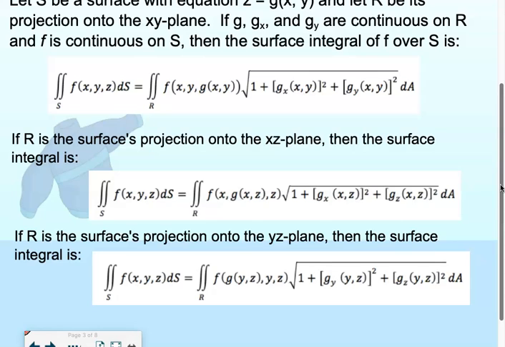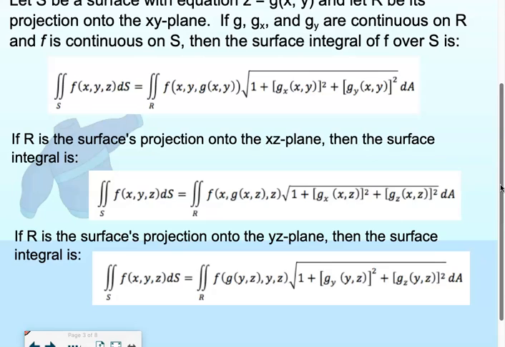If we're projecting onto the xz plane, it means we're going to solve for y in terms of x and z, and then you're going to do partial x and partial z. And if you're projecting onto the yz plane, it means you're going to solve for x in terms of y and z, and you're going to have partial y and partial z. So it just depends on which way you're projecting.